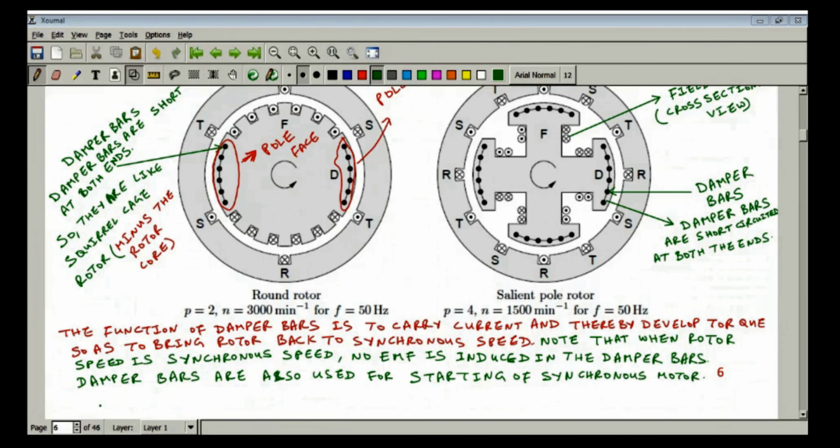Damper bars act like the squirrel cage rotor of a three-phase induction motor, and they bring the rotor somewhat near to synchronous speed at the time of starting.